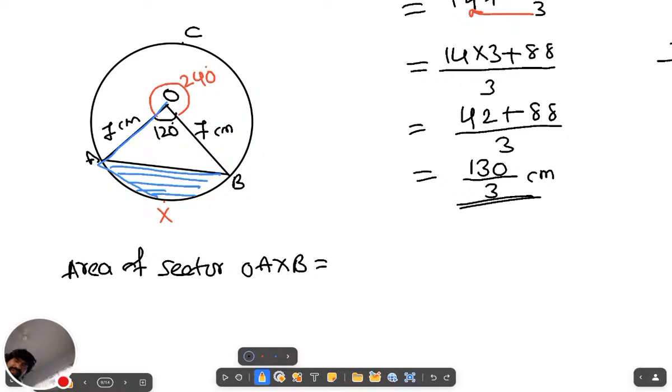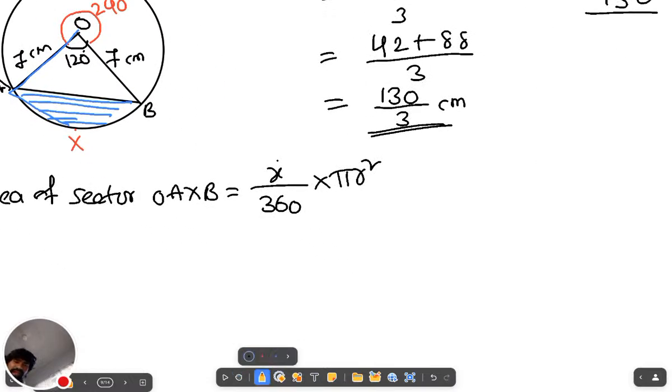The sector OAXB is equal to x degrees, the angle made at the center, by 360 degrees into the area of the circle, pi r square. The angle made at the center is 120 by 360. The pi value we already know, 22 by 7. r square means 7 into 7.